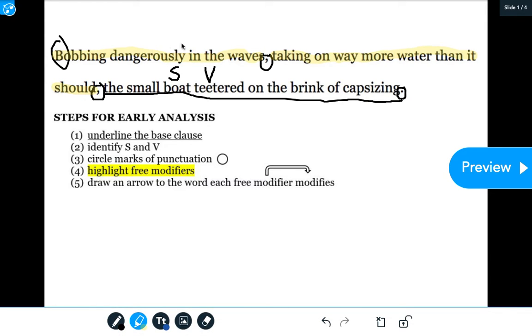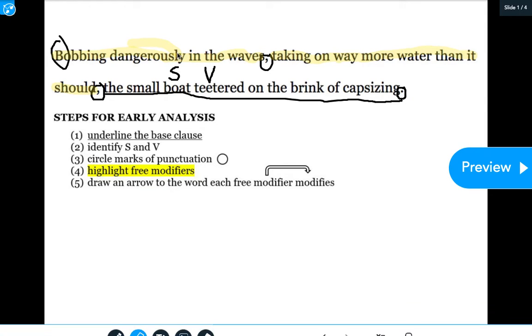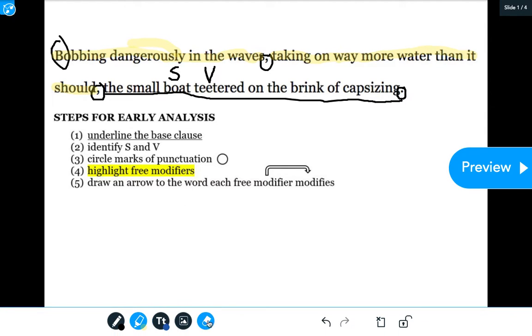So again, we have two free modifiers here. They don't pass the it could be true that test. They're in between marks of punctuation. That's step 4. Step 5, I'm just going to get rid of that line right there.